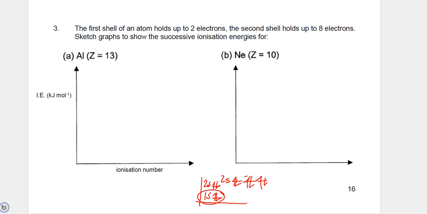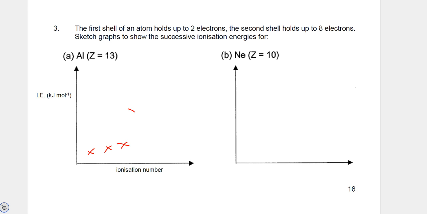That's closest to the nucleus. Well, when we think about these graphs, we're kind of looking at it from the opposite perspective. The electrons which are easiest to remove are the ones which are in the outermost shell. So aluminium, because it's in group 3, has 3 electrons in its outermost shell. They're the easiest to remove.